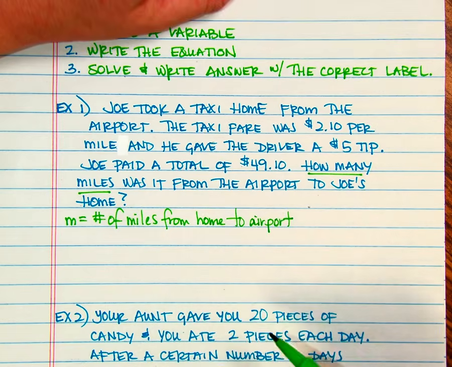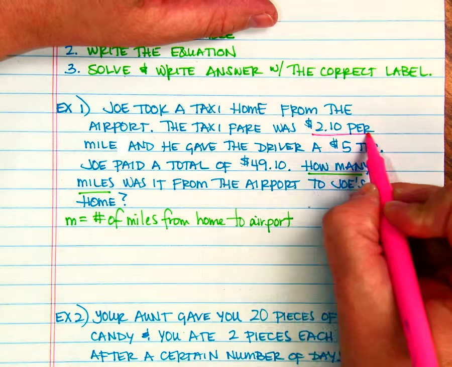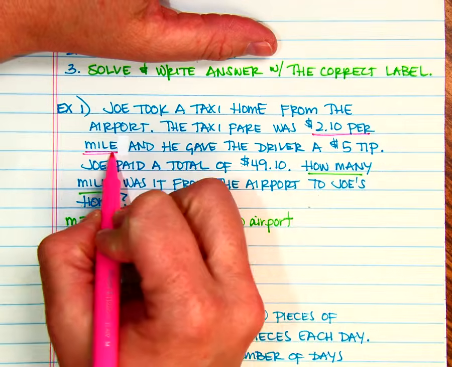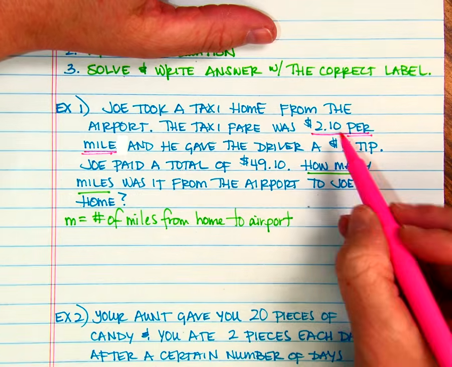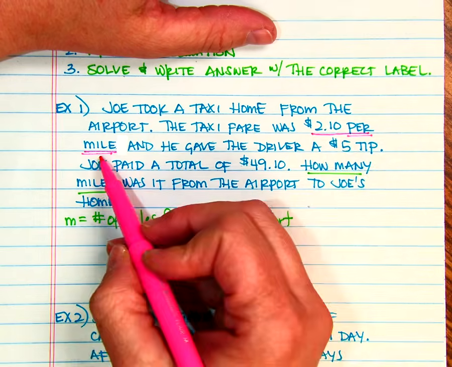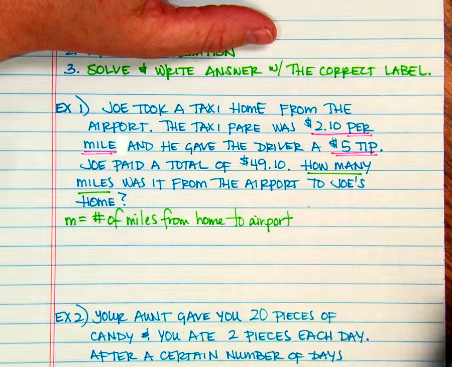Okay, so I'm reading through this, and there's more numbers here. So I have $2.10 per mile. That word per is a key piece. So $2.10 per mile and a flat $5 tip.